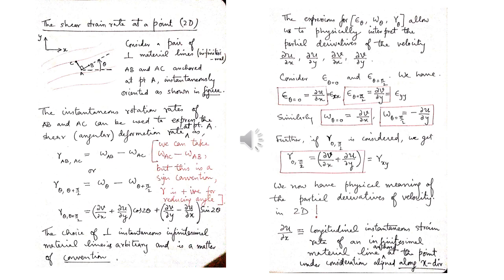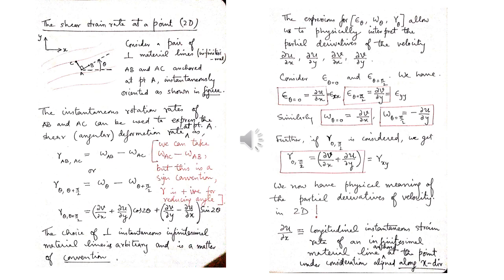I've written clearly that this choice, omega AB minus omega AC, is not unique in the sense that we can also write the shear strain as omega AC minus omega AB. Whether you choose to subtract omega AC from omega AB or omega AB from omega AC, both ways the shear strain rate can be defined.